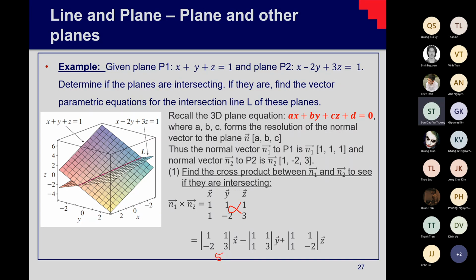The second component: 1 times 1 minus 3, which gives minus 2, so minus 2y. And the last component is minus 3.